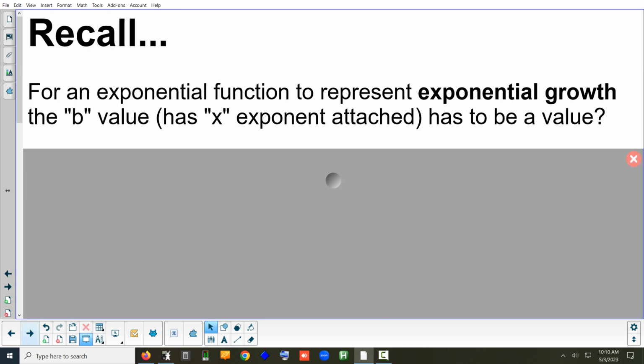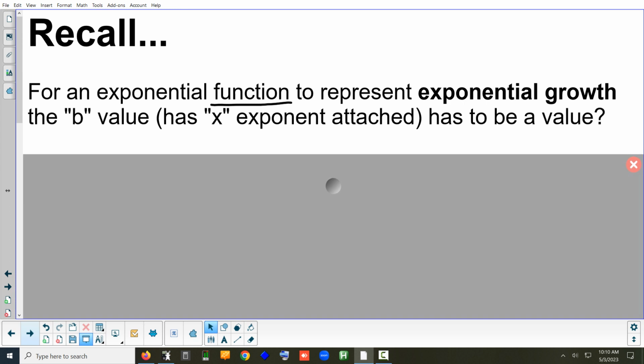Now, we're going to explain what happens if not a table represents growth, but the actual function itself, the formula. And it kind of ties in with what we just said about the table. So on your guided notes, in the first blank, you want to fill in what's in bold, exponential growth.